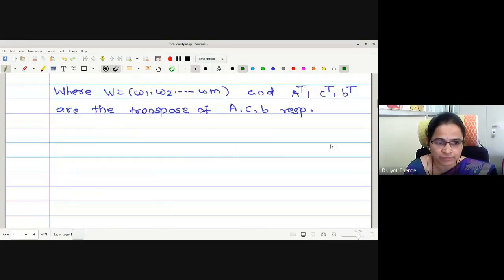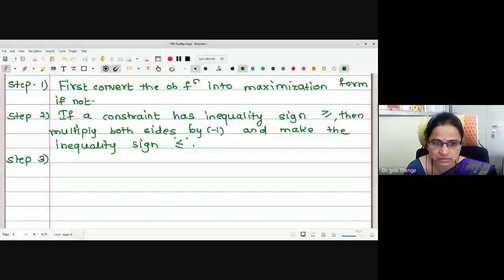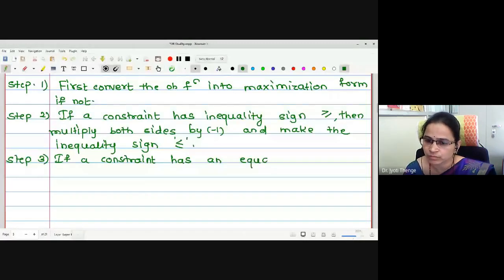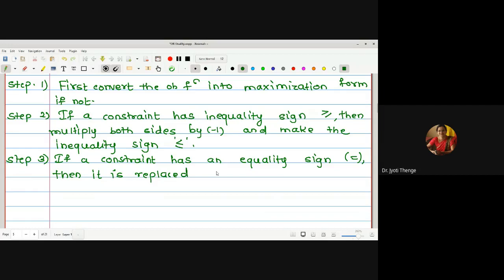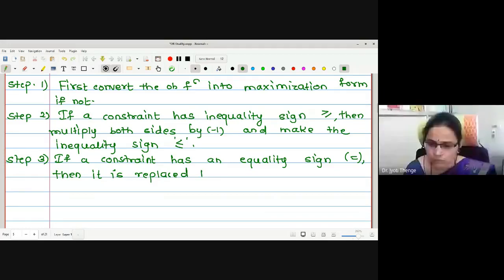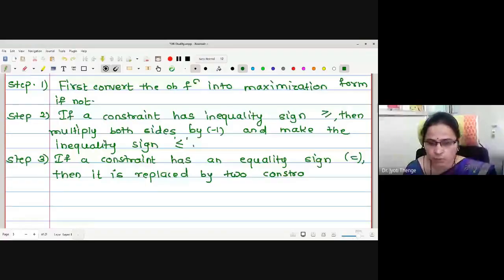What we will mention: if a constraint has an equality sign, then it is replaced by two constraints going in opposite direction.